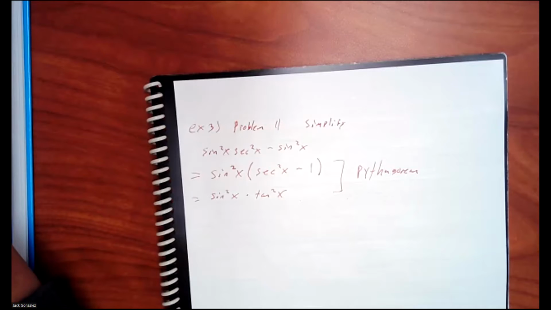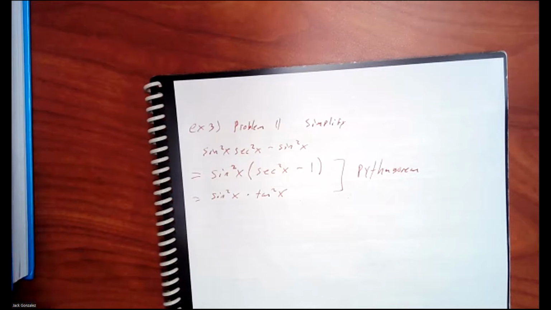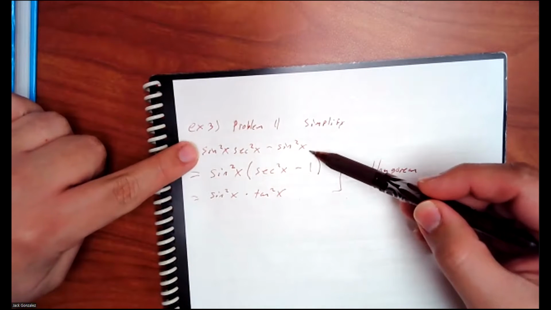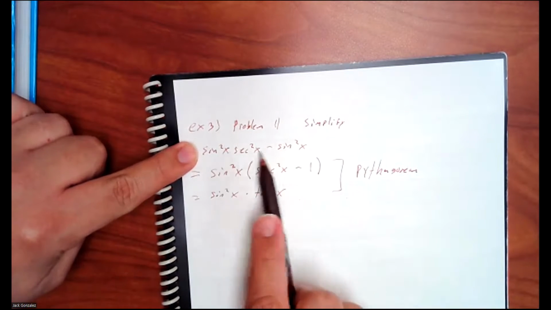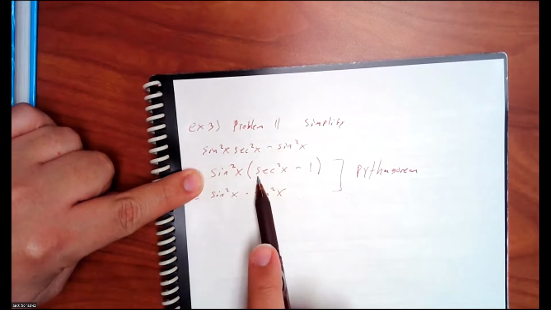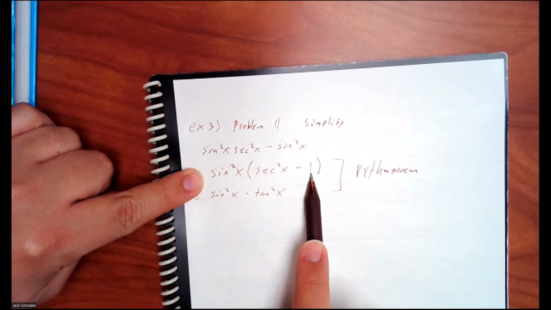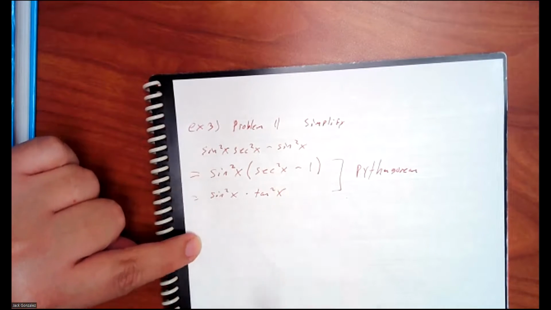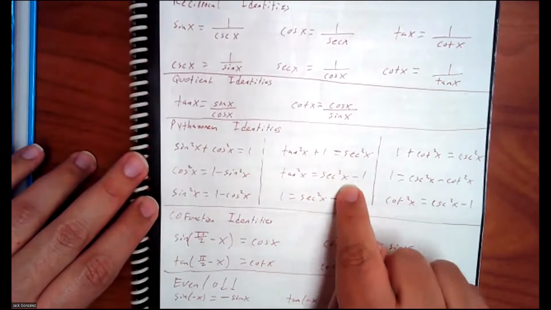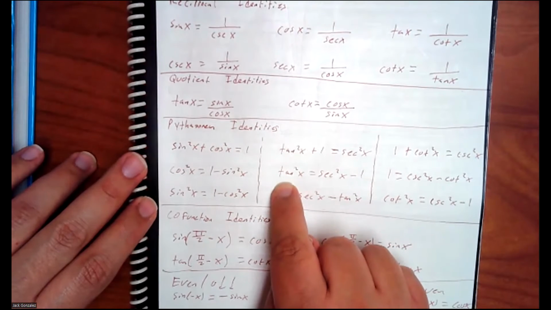Any questions on 3? Yeah, one more time. First step: you see they both have sine in common, so we factor sine from both. When you factor it, this whole thing becomes secant squared minus 1. That's clear? On the first page, we said that secant squared minus 1 is tangent squared, so you change it.